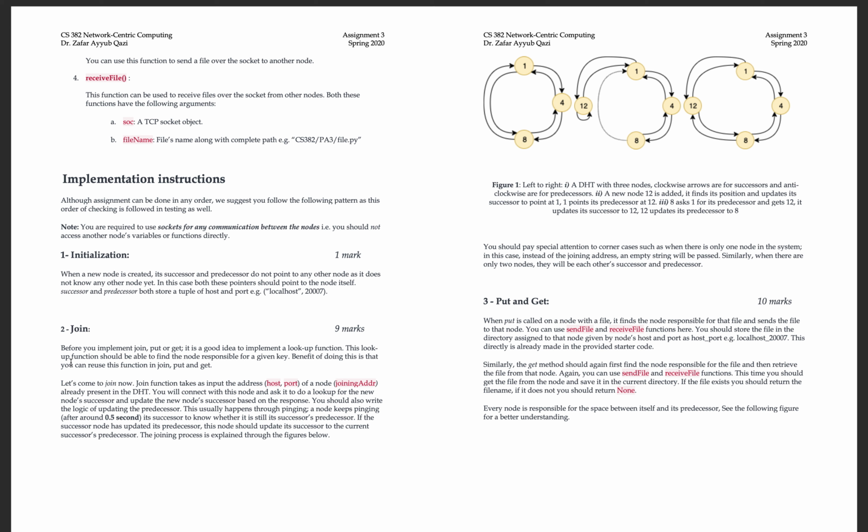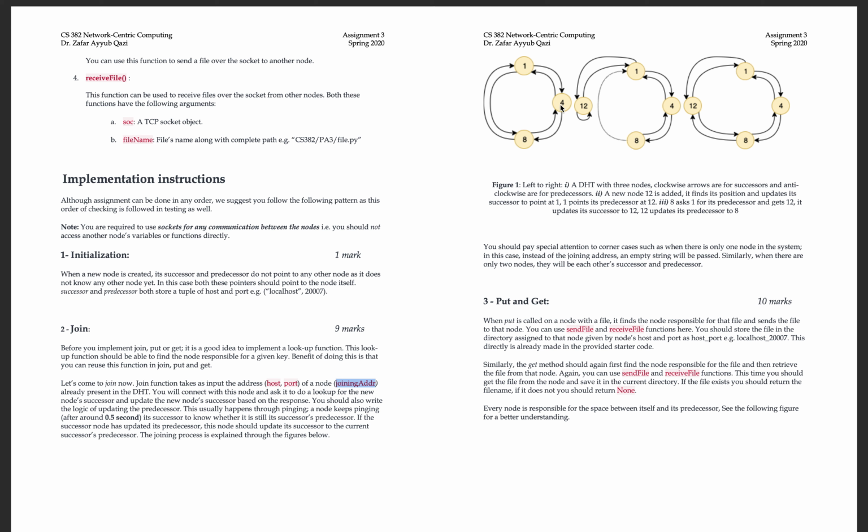So when join is called on a node, it's passed the address of a node that is already in the DHT. You'll connect with that node using this joining address and ask it to do a lookup for your successor. So for example, if node 12 wants to join this system, it will ask any of these nodes to look up its successor.